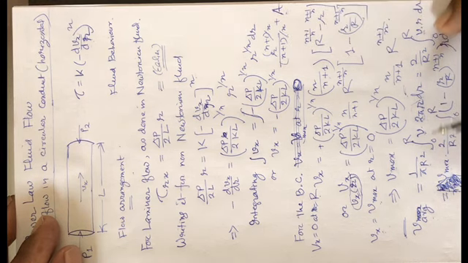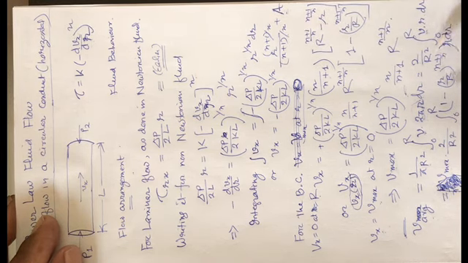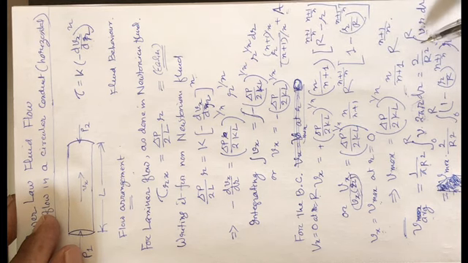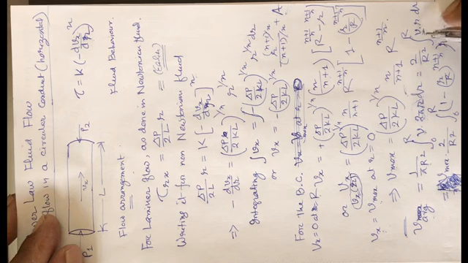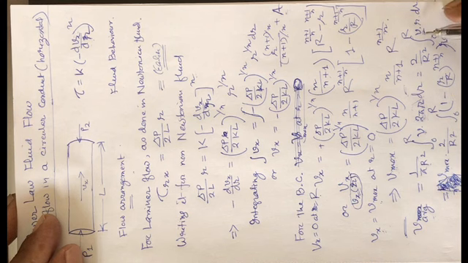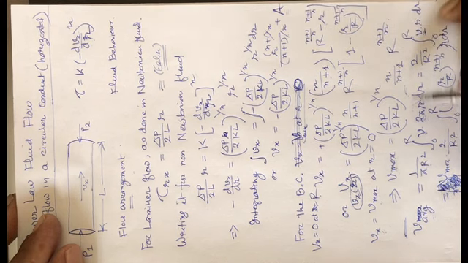2 pi is getting cancelled. Okay, so pi is getting cancelled, so then we get 2 by R square into integral 0 to R of v into r dr. Okay, so then we can substitute the expression for v from here. Sorry, v, not v max.